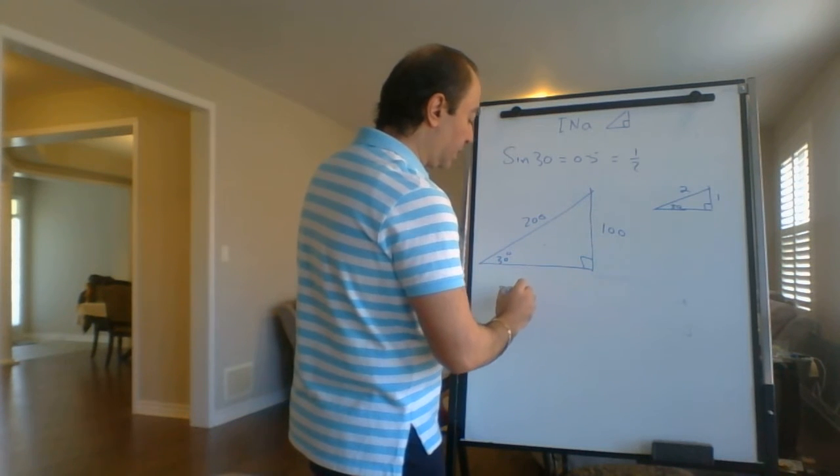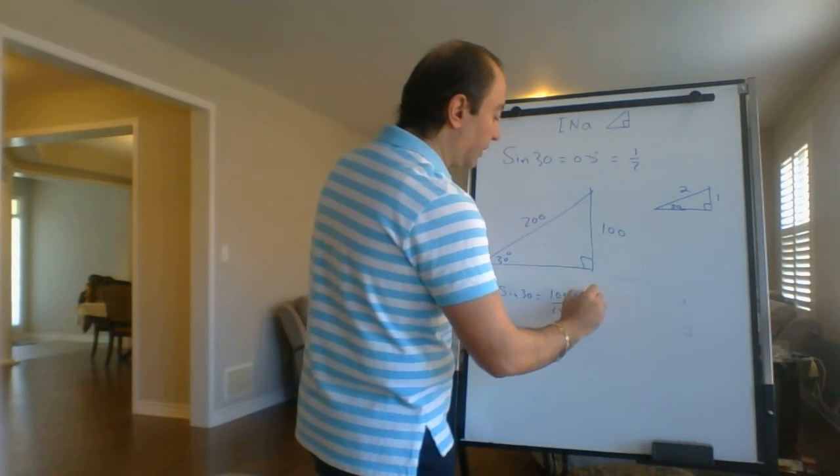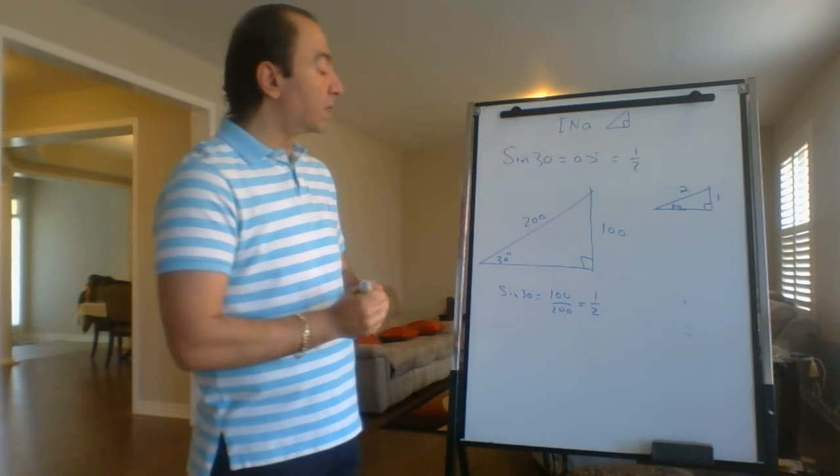So sine 30 will equal 100 over 200, and that's 1/2, no matter how big or small the triangle is. Okay?